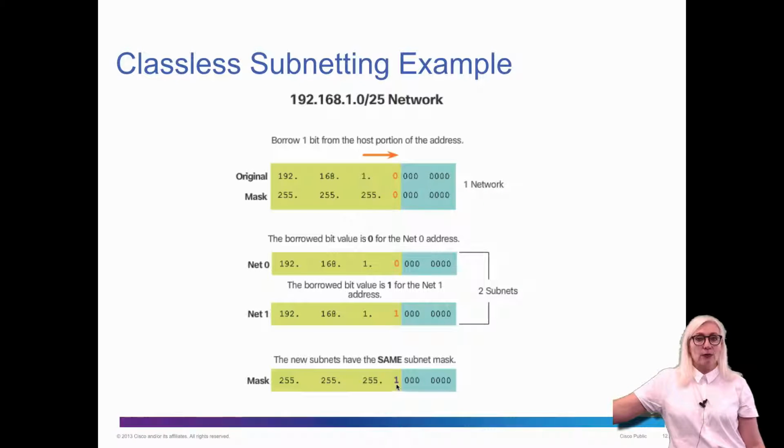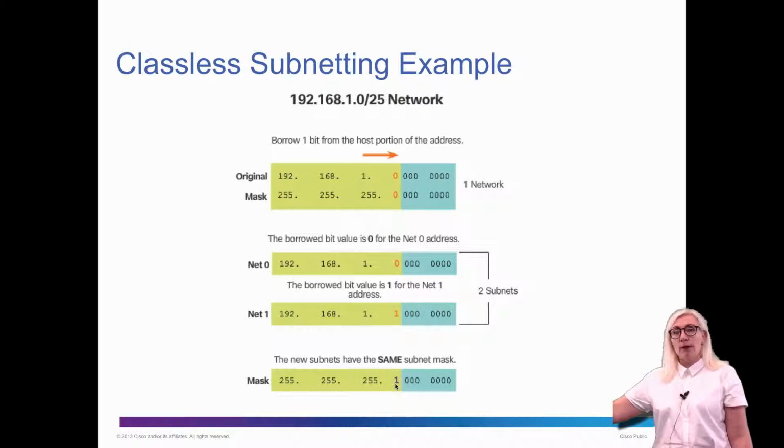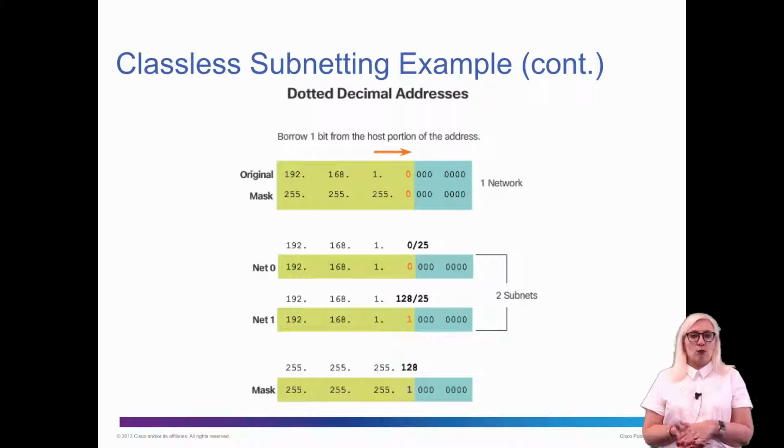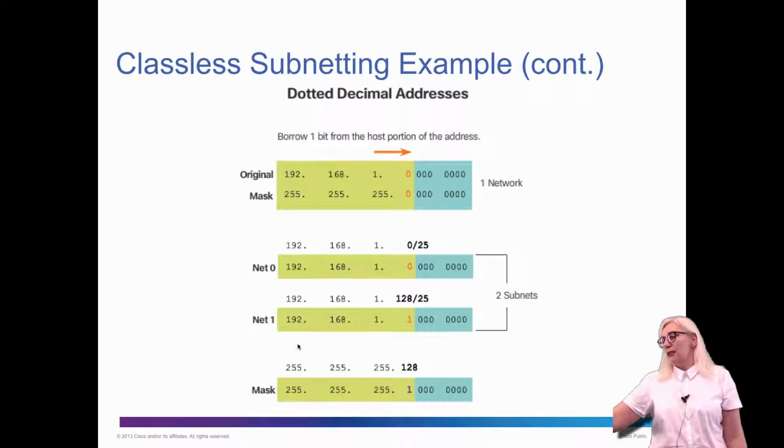My new mask will now be 255.255.255, and then a 1. This is only the binary portion here: 8 ones, 8 ones, 8 ones, and then 1, followed by 0, 0, 0, 0, 0, 0, 0. So this is /25. My two new networks, if I calculate them back to decimal numbers, are as follows. The first network will be 192.168.1.0, because this networking bit is 0, and with 7 more zeros, that is 0, so that is the first network address.